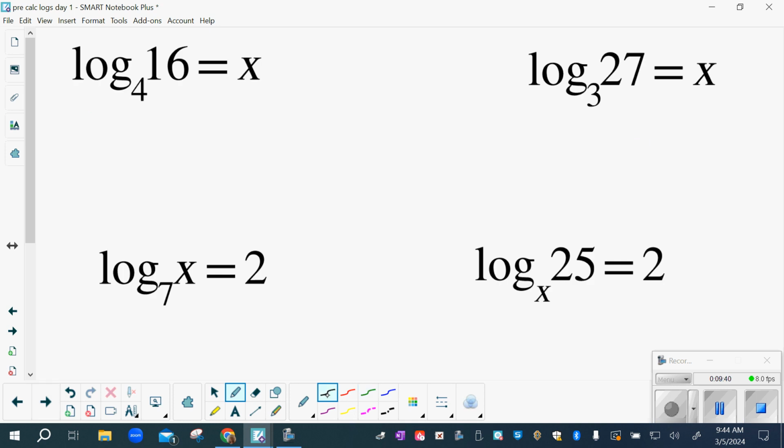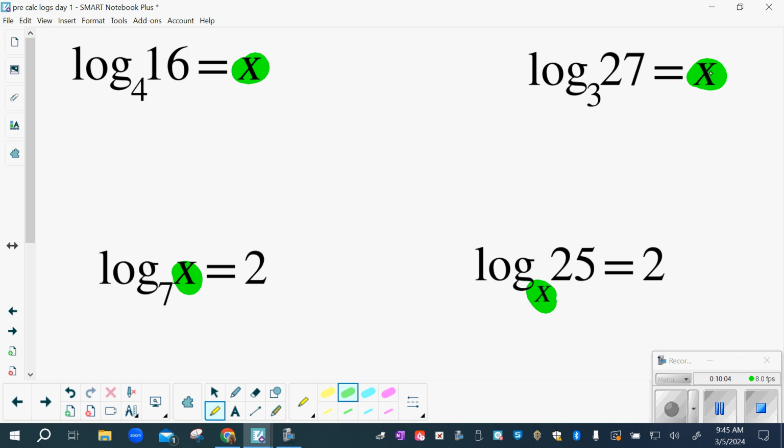Notice on these next 4 problems that are on your note sheet, the X is living in a different place on all of these. Now, some of you are going to be able to eyeball this. Some of you are going to look at it and think, 4 to the what gives you 16?